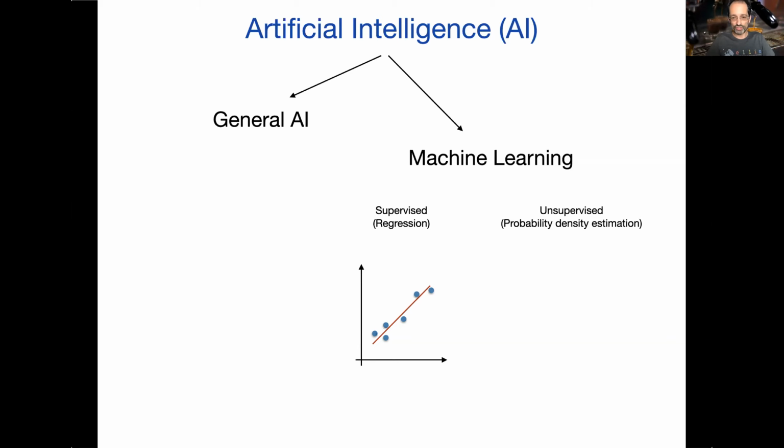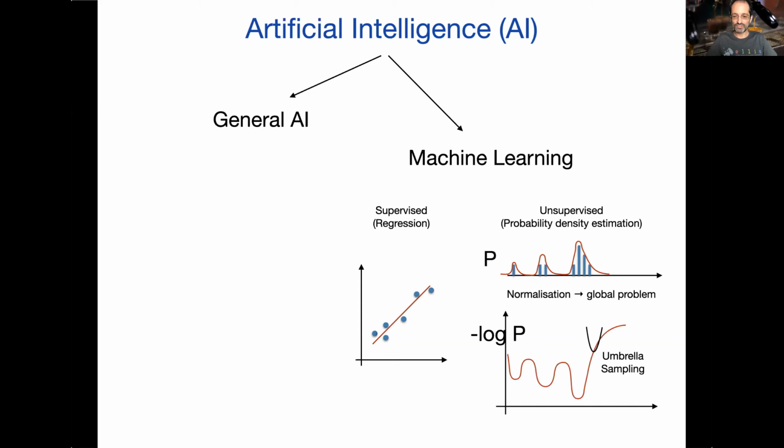There's the other side of machine learning, which is unsupervised learning, and that's essentially probability density estimation. So it's basically getting functions out of frequencies, and that's very hard. And in molecular modeling, we sort of know how hard that is because it's the same as free energy calculation.